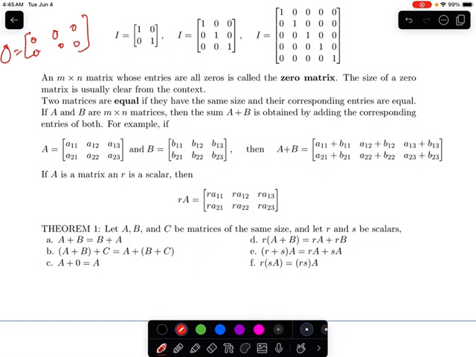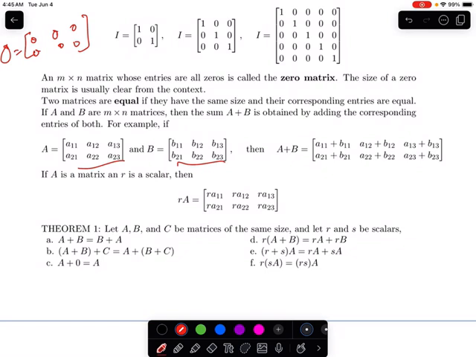So here, A is of this size and B is this matrix, both of order 2 by 3. So the resultant matrix will also be of the same order, and its entries will be the sums of corresponding entries of A and B.